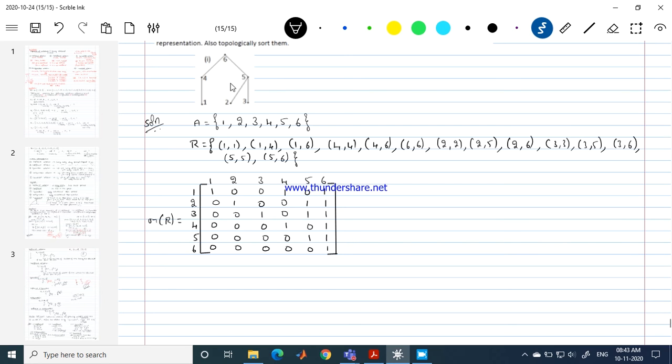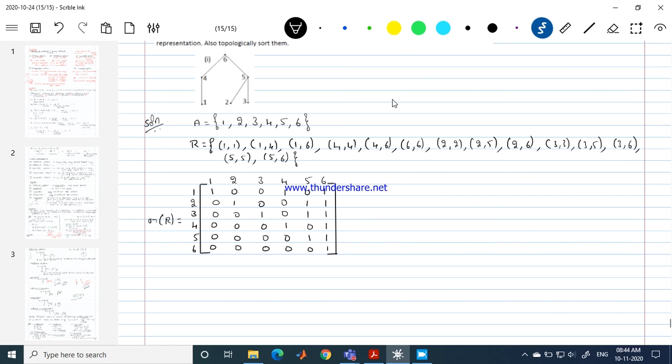With the convention, we are supposed to read (2, 6) also. We can also see that it is an upper triangular matrix, or it could be a lower triangular matrix. For an antisymmetric relation, we'll definitely have an upper or lower triangular matrix. Any one will be true.